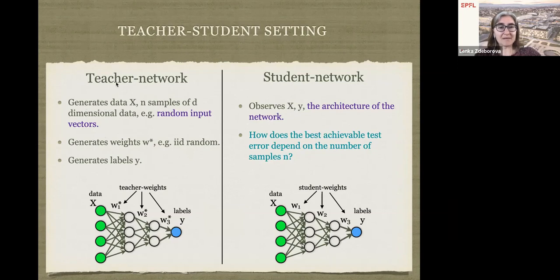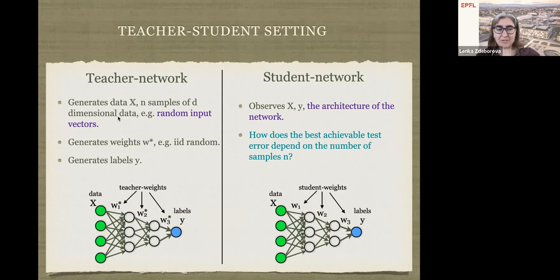So we generate data X, the input samples X, that will be IID random vectors. So not only sample from sample, they're IID, but also component from component, they're IID.